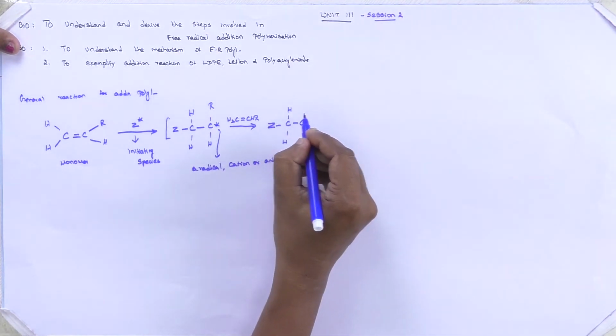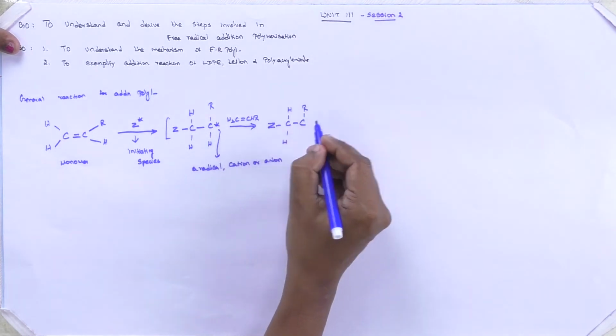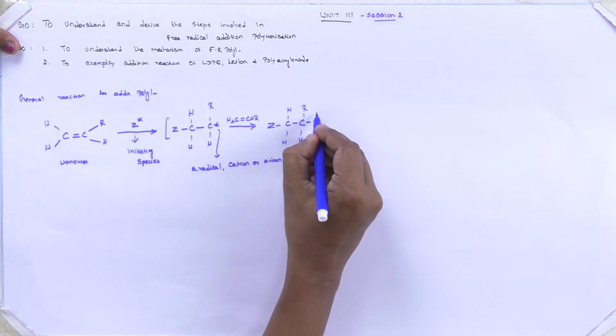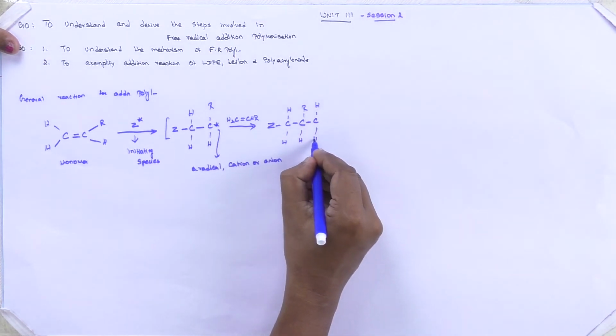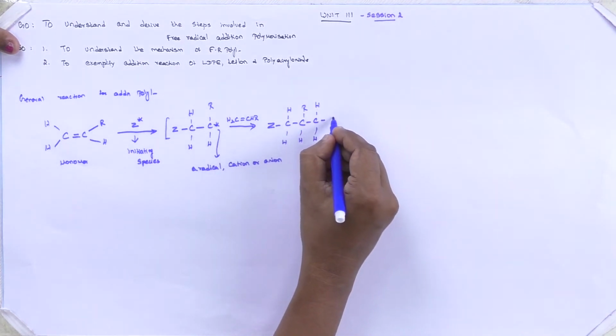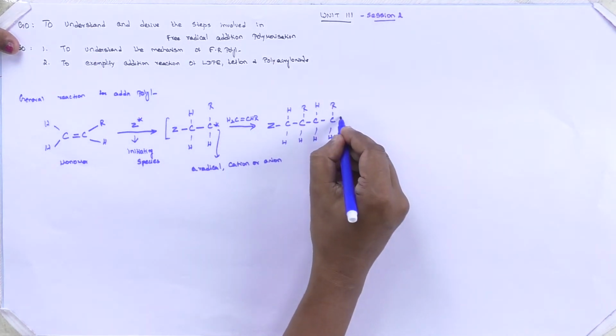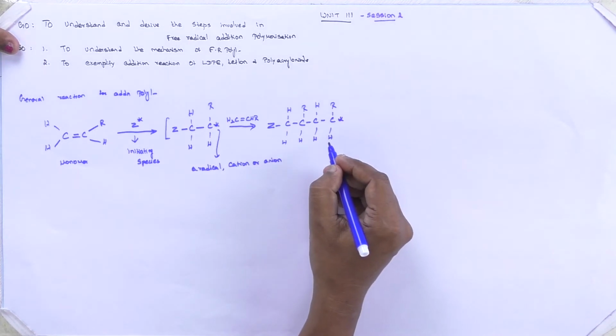See, we have this monomer, RH, the first monomer from here, and again H H single bond, R H, and you have a species like this.